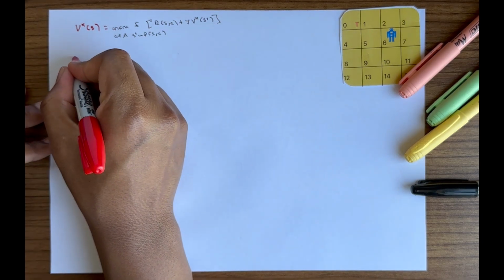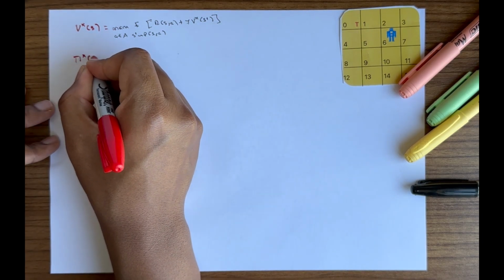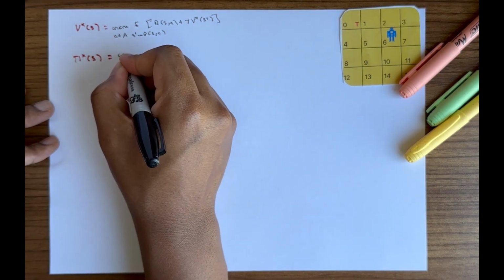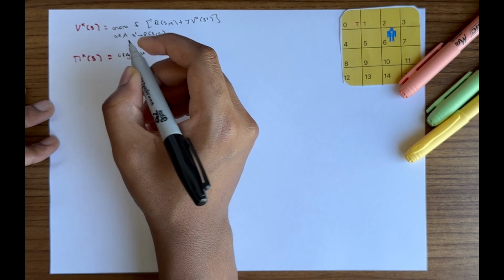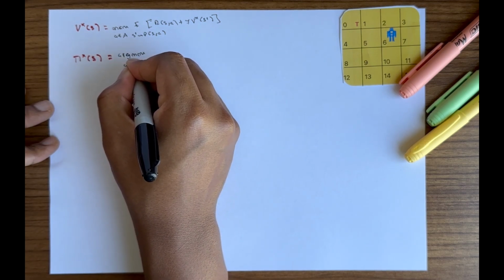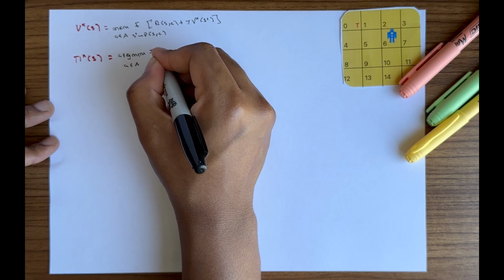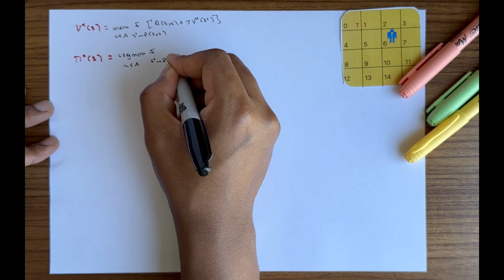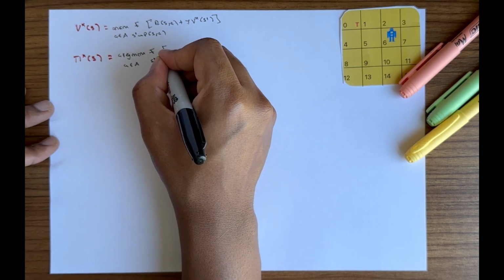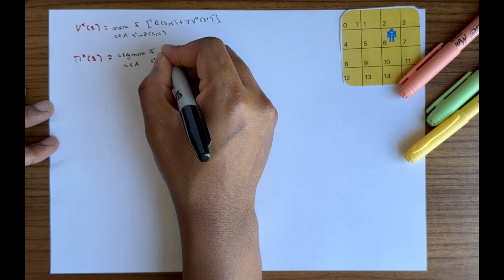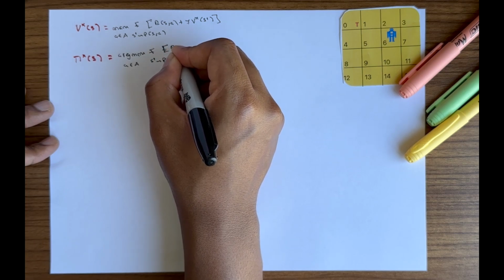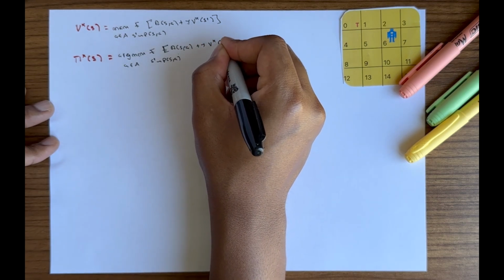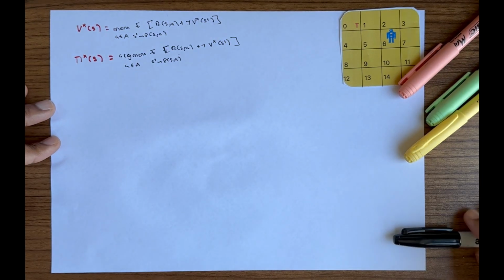So the corresponding pi star is argmax of the expectation over the next state based on some probability, okay, I've already included the expectation of the reward signal, gamma, V star of the next state.